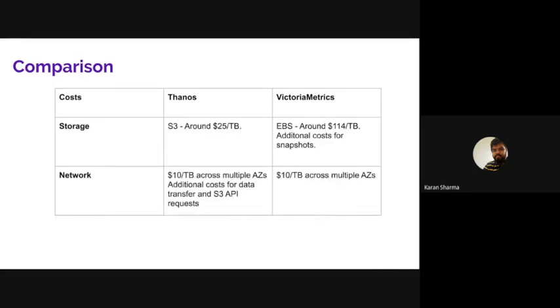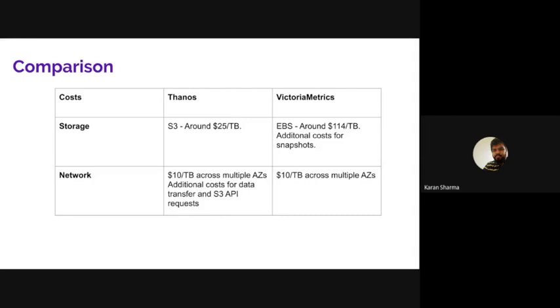And the third is cost. Storage-wise, S3 is pretty cheap. It's cheaper than EBS, as you can see. But one thing to note is that VictoriaMetrics, in its benchmarks, has shown that it uses 10x less data compared to the open time series database format, which Prometheus and Thanos both use.